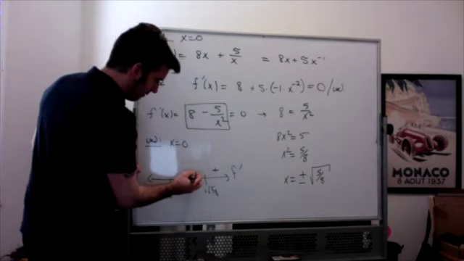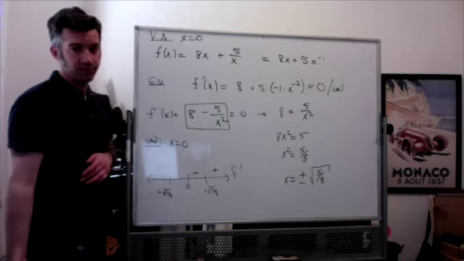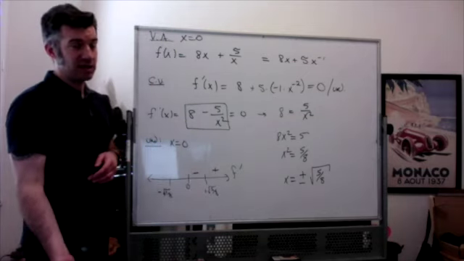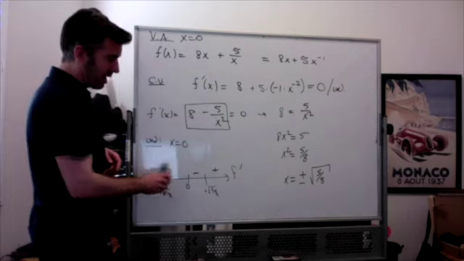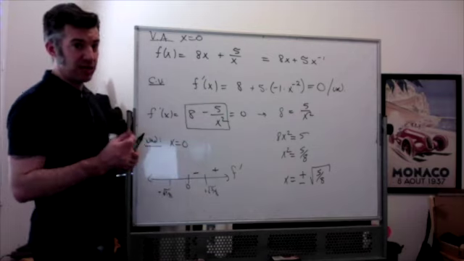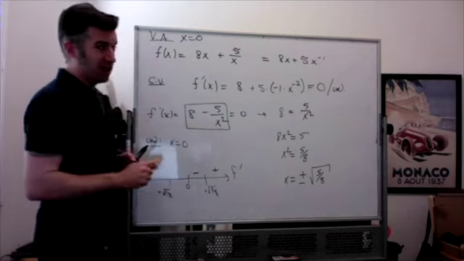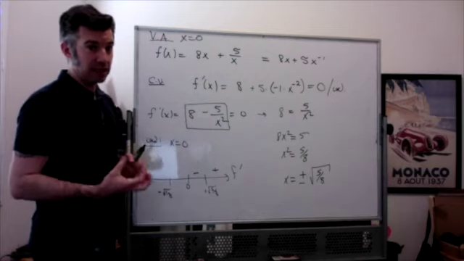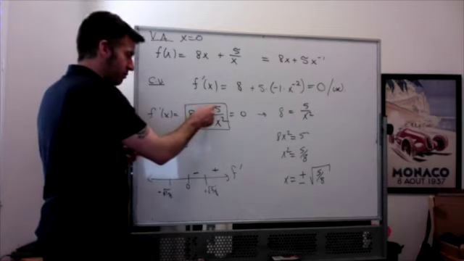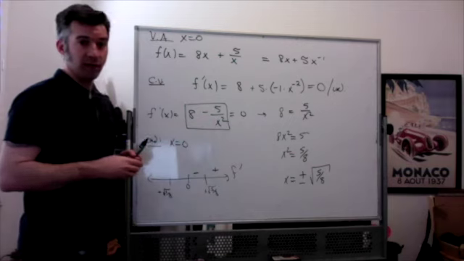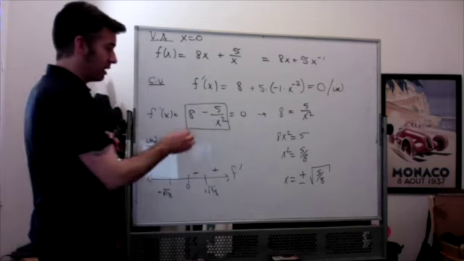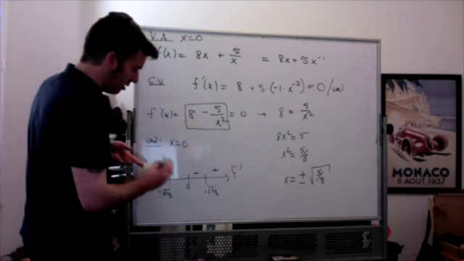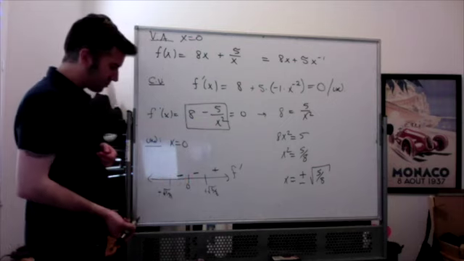That's going to be a very, very negative number. And the same thing is going to happen if I pick a small negative number, because a very, very small negative number squared is a very, very small positive number. And dividing by a very small number makes your fraction get very large. So again, you have 8 minus a very large number, which is going to be negative.